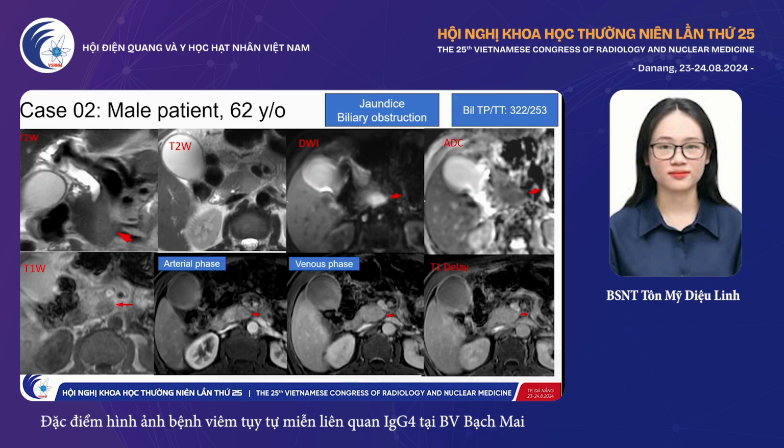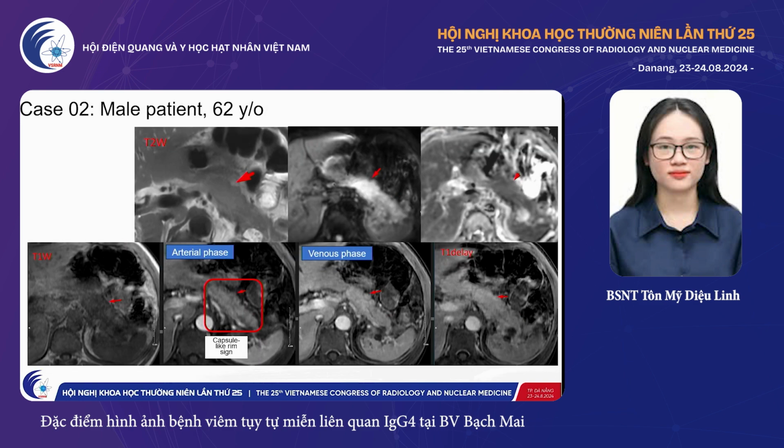And the second case, a male patient, 62 years old, with jaundice and biliary obstruction. The patient had a lesion at the head and body of the pancreas with diffusion restriction on MRI and homogeneous enhancement in the delayed phase.